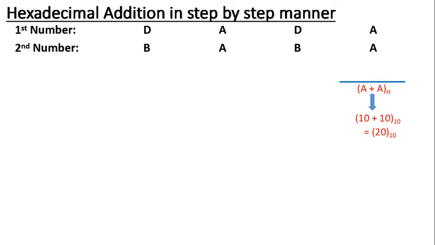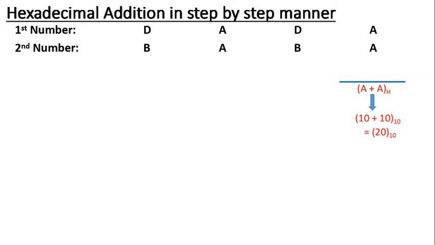And we know that 10 plus 10 decimal is equal to 20 decimal. But in the hexadecimal number system, I cannot represent 20 decimal by a single hexadecimal digit. That's why some sort of correction is required here.